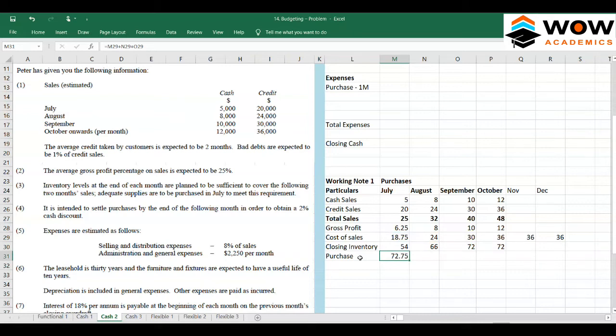So this is what we have to purchase in July. But what about in August? In August, see, if you take July, we have already purchased up to September. So in August, all that we have to purchase is for up to October, because 2 months sale should be the inventory.